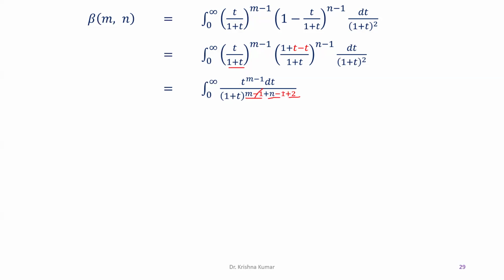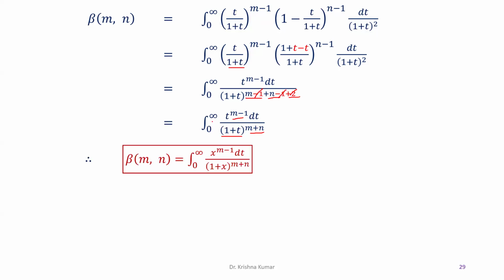So this minus 1 is minus 2 and plus 2 will cancel. So we have beta of m,n is equal to integration of t to the power m minus 1 upon (1 plus t) to the power m plus n, dt under the limit 0 to infinity.